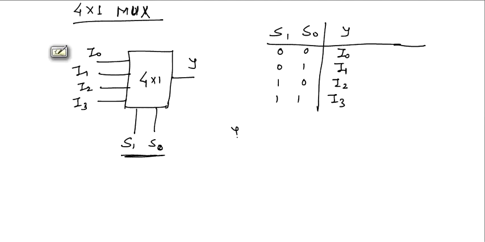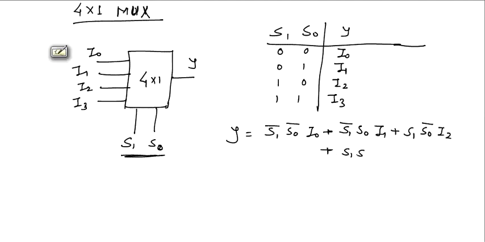So the expression for Y can be written as S1 bar S0 bar into I0 plus S1 bar S0 into I1 plus S1 into S0 bar into I2 plus S1 S0 into I3. This is the final expression for 4:1 multiplexer, and it can be implemented.